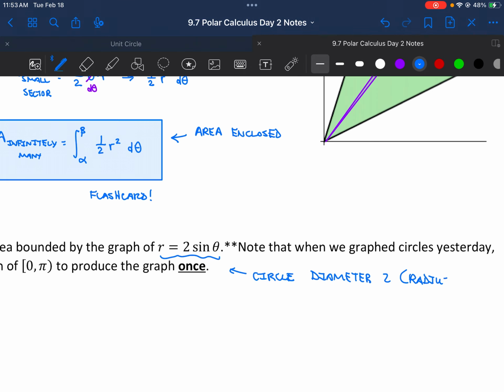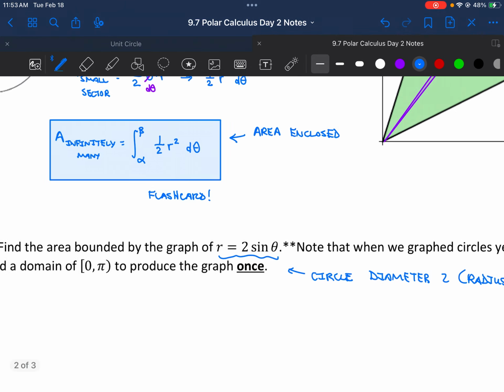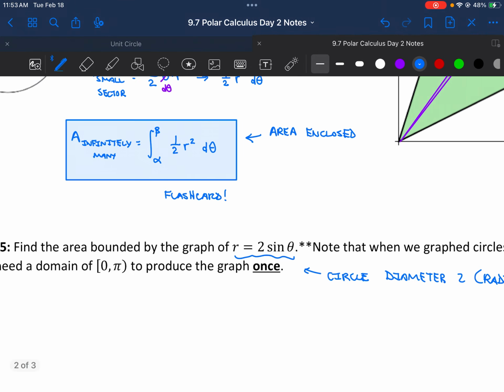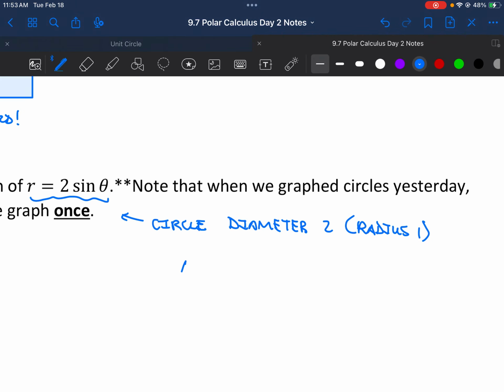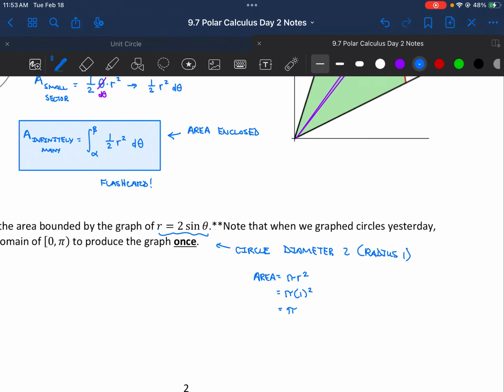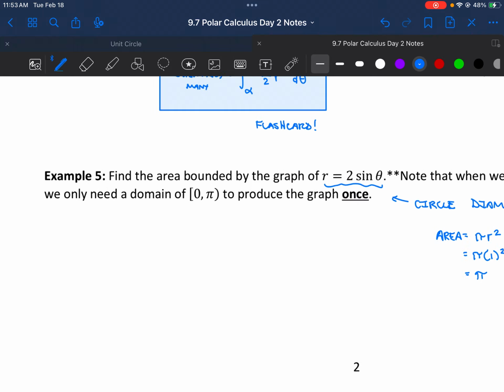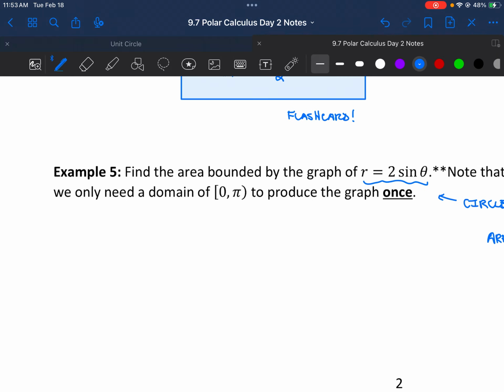If you're being clever about it, if you understand that's a circle of diameter 2, then the area of that circle is simply pi r squared. Your radius is just 1, so the answer we get should be pi. Let's verify that by actually setting up the integral the correct way.